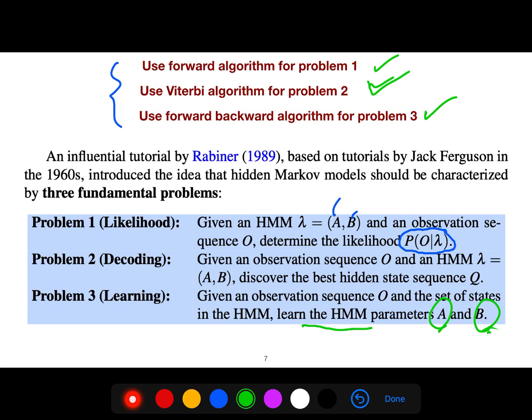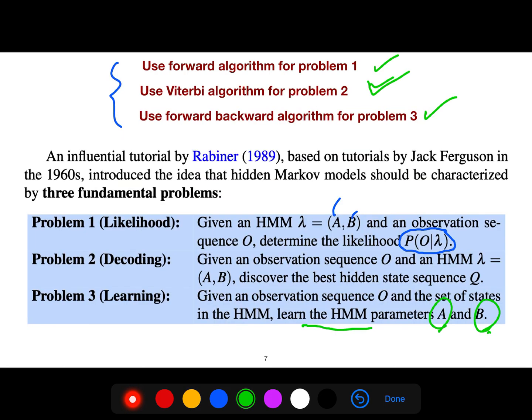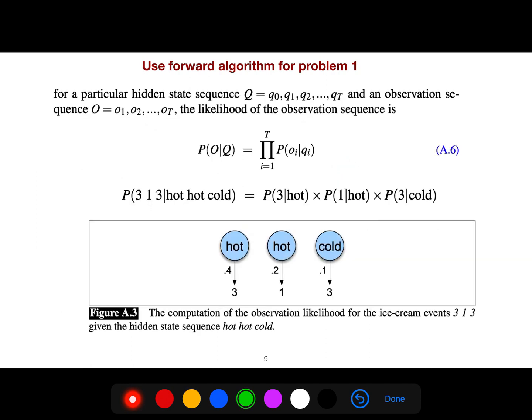There are three different problems. So problem one. What is problem one? As I said, we want to know the probability of observation given your model. Given your model, I mean, you know the transition probabilities, you know the emission probabilities. What is the probability of observation now?